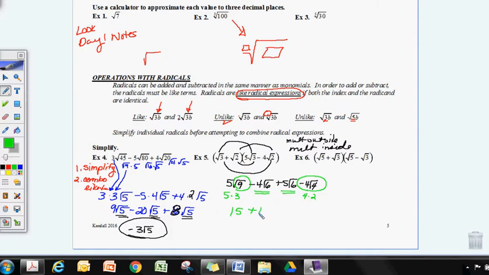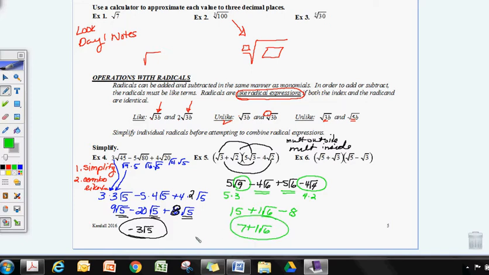Plus 1 root of 6, minus 8. I am being silly today, aren't I? So that means I'm going to have 7 plus 1 root of 6.